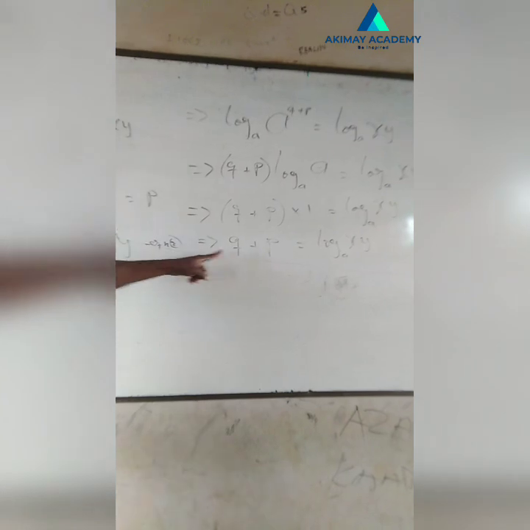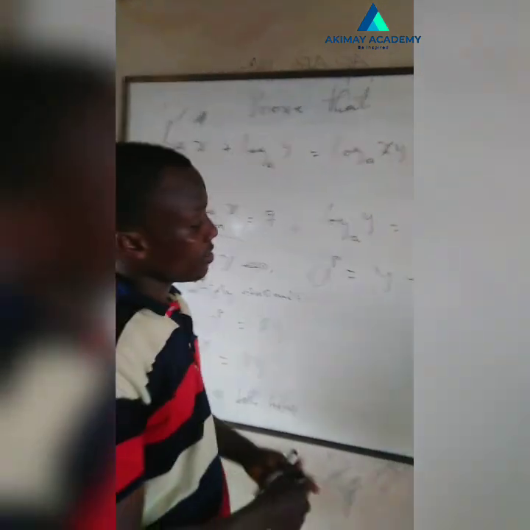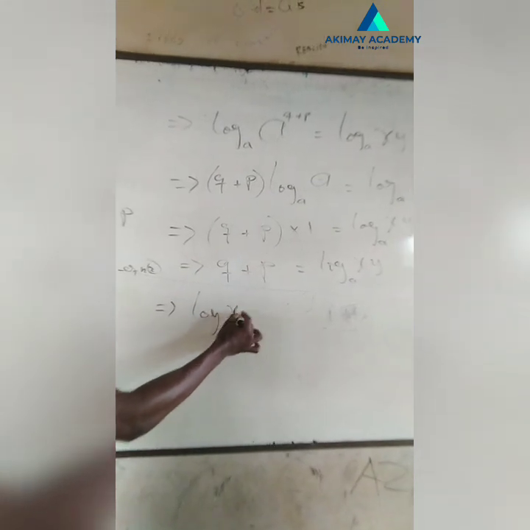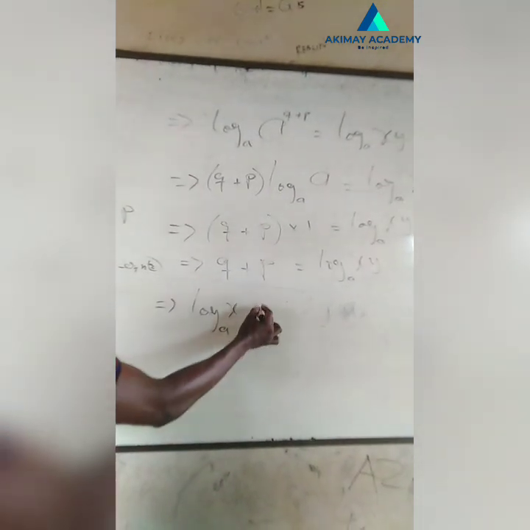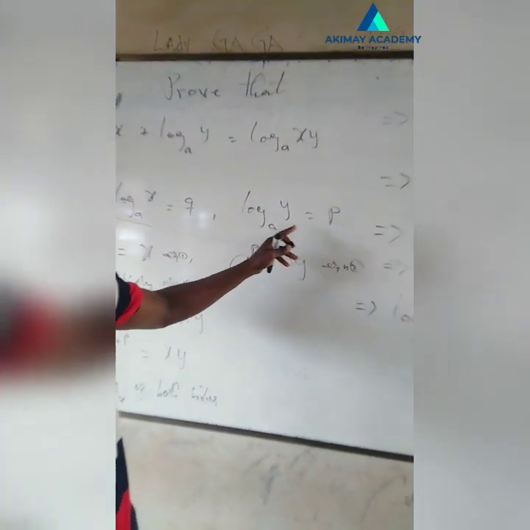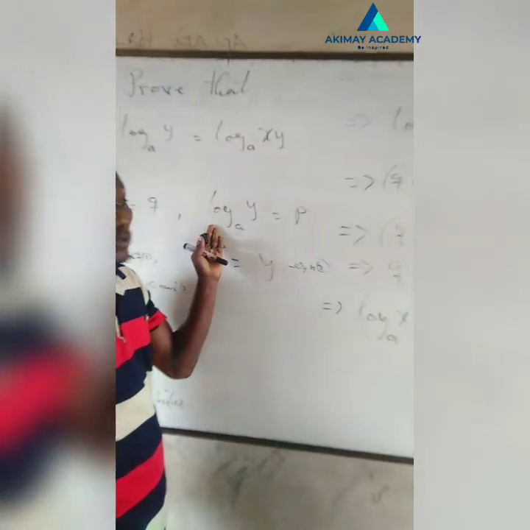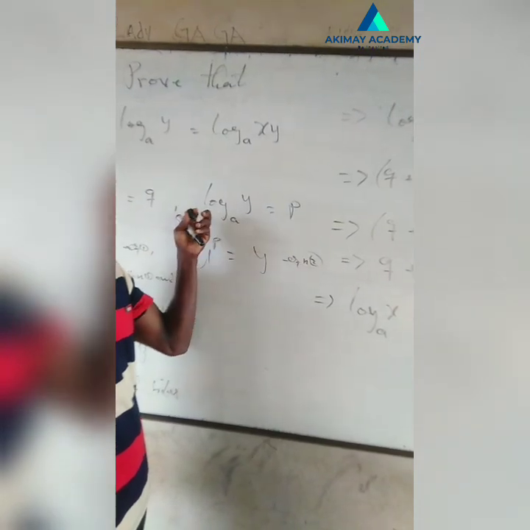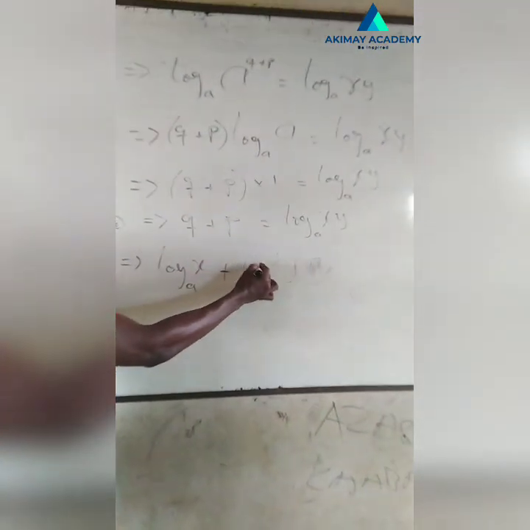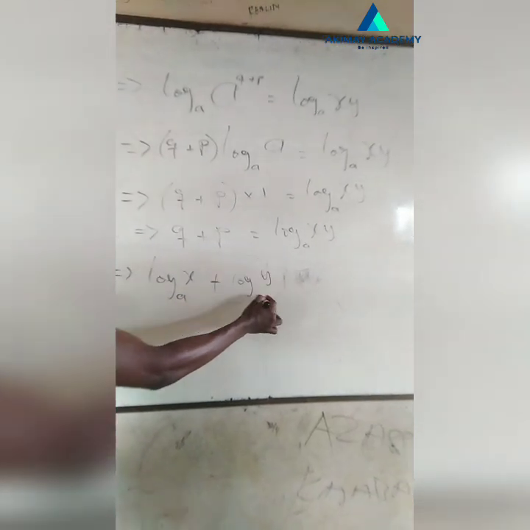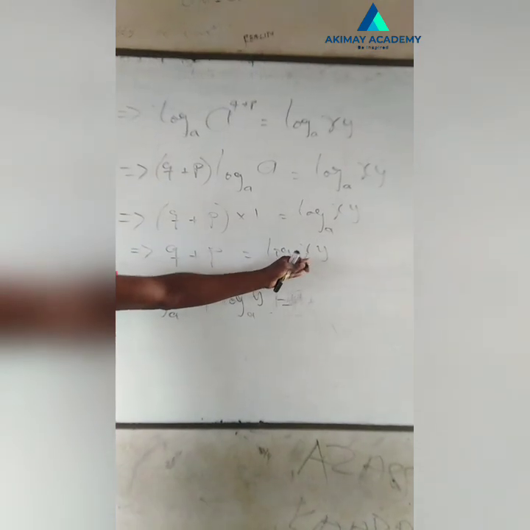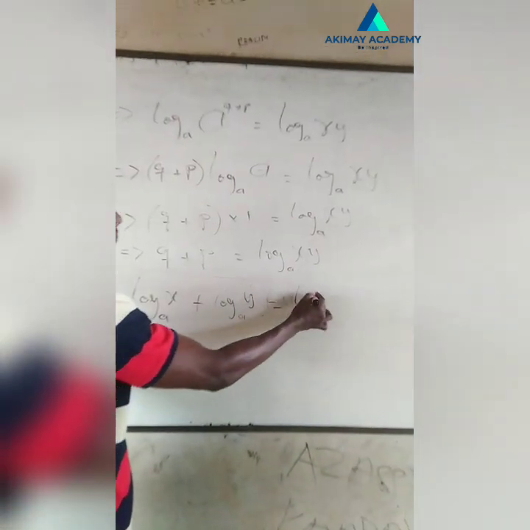Q is representing log x to the base a, then plus, P is representing log y to the base a. And this should be equal to log xy to the base a.